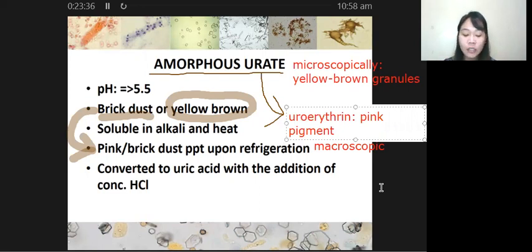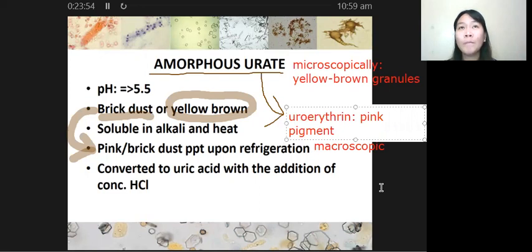Take note also that your amorphous urate may form clumps, or it may adhere to fibers which are present in your urine sample. They may also adhere to your mucous threads.